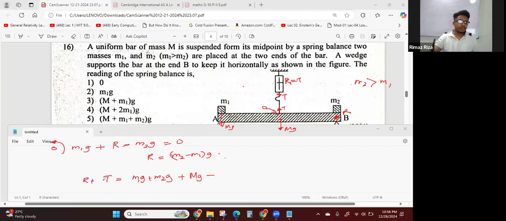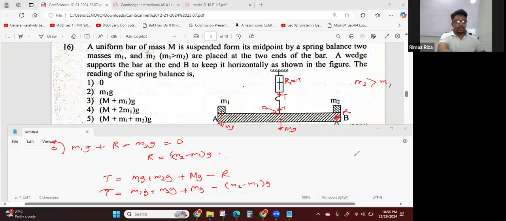Or else here R plus T equals this, and we take R to the other side, so it becomes minus R. If you are writing this, you may get confused, so I'm writing the next step. P equals M1G plus M2G plus Mg minus M2 minus M1 times G.